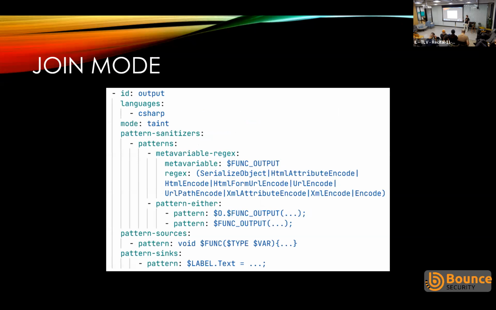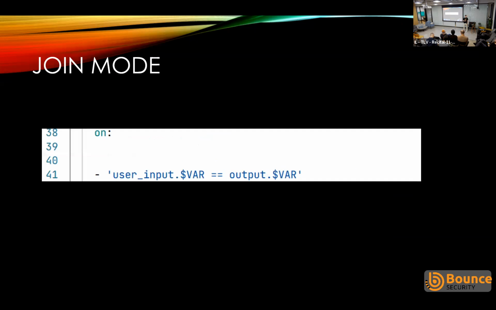Then we have the output. Here we check for sanitization, and here we have the load city function that inside of it we have the sink with the label.text. And we are joining on where the variable in the input is the same as in the output, which is city.